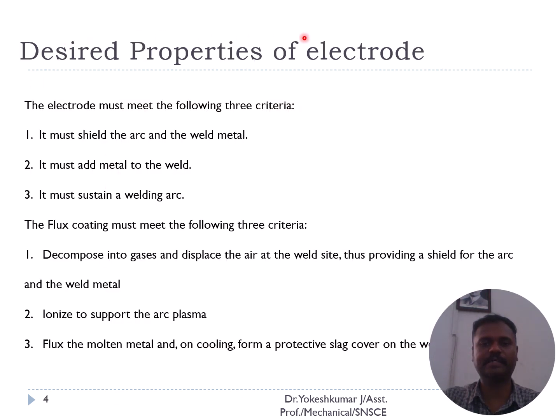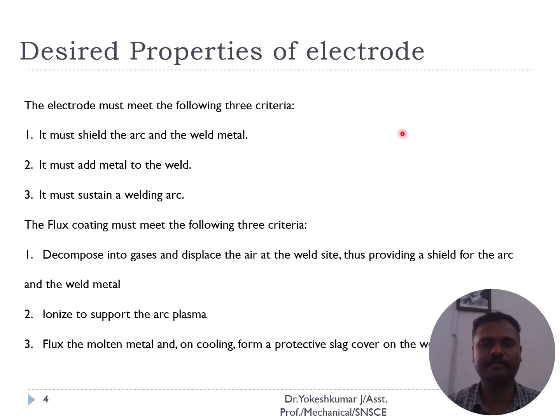These are the desirable properties of a welding electrode, based on which we have to select the electrode. The first and foremost important property is that it must shield the arc between the electrode and weld metal in the weld pool. For that, we mostly use a flux coated electrode, which creates a shield between the molten weld pool and the parent metal.